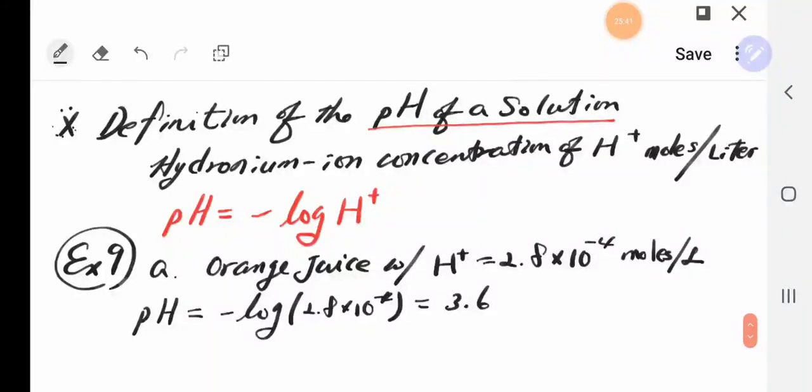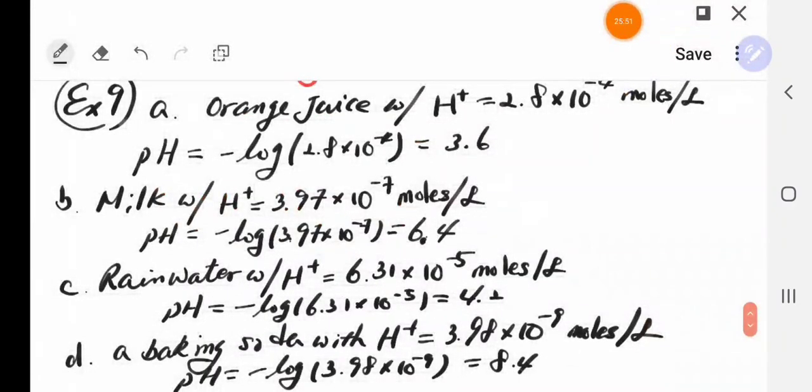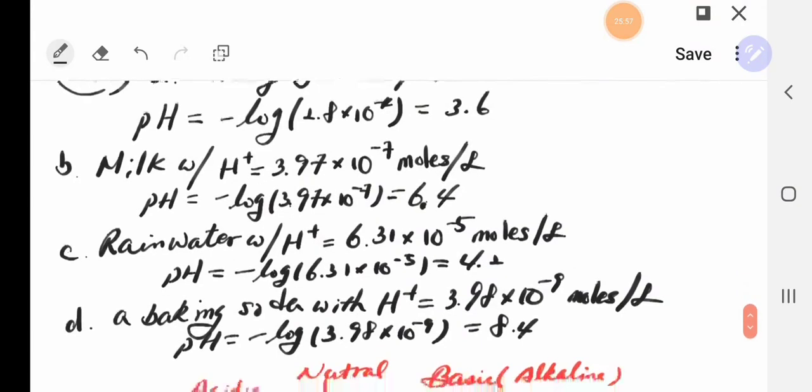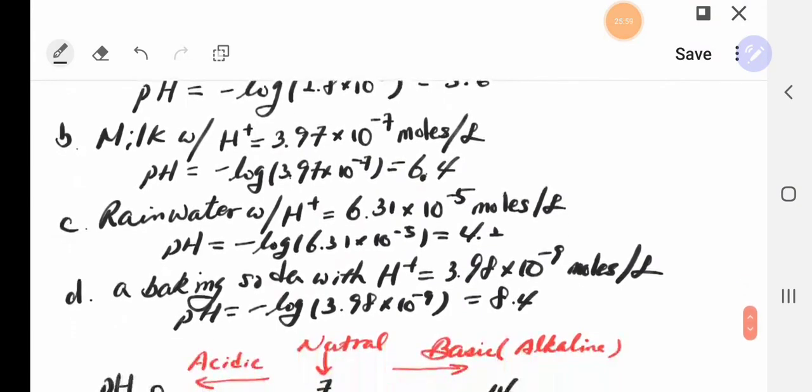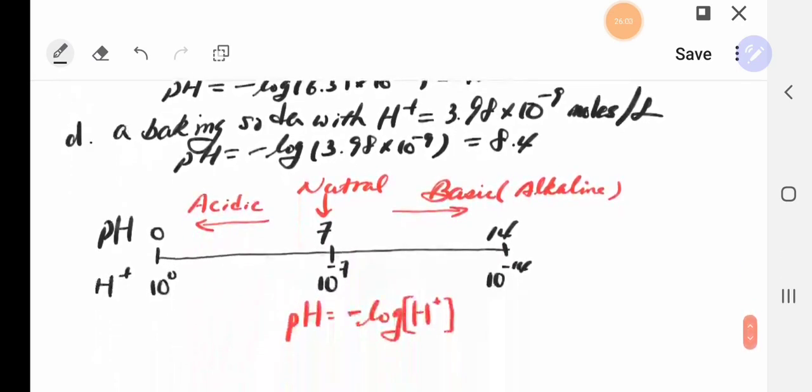So the orange juice has a pH of 3.6. As you see in the other examples, milk has a pH of 6.4, rainwater 4.2, and baking soda has a pH of 8.4.